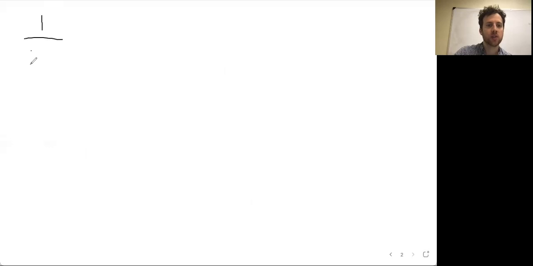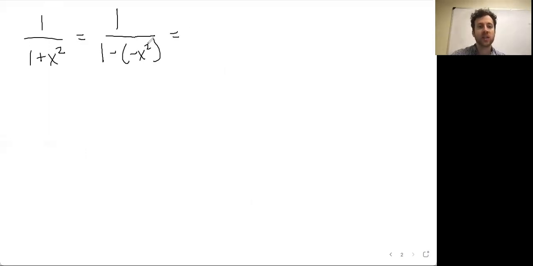So first, let's find a series for this function, 1 over 1 plus x squared. We did do this in class, but as a reminder of how we did that, it needs to be 1 over 1 minus something. That something is negative x squared. And so we can say that the series is the sum from 0 to infinity of that thing being subtracted, so minus x squared all raised to the n.